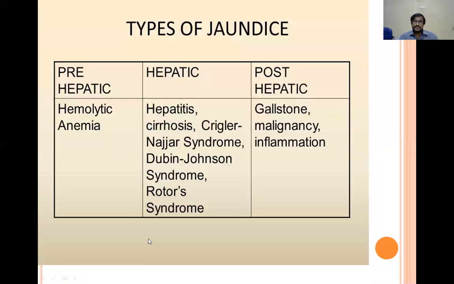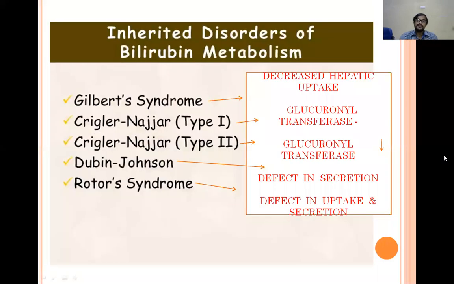These are the causes for the different types of jaundice: pre-hepatic due to hemolytic anemia, malaria, fever; hepatic jaundice due to hepatitis, cirrhosis and other hereditary hyperbilirubinemias; and post-hepatic due to stones, tumors or inflammation. Apart from that, there are inherited disorders like Gilbert syndrome, Crigler-Najjar syndrome type 1 and type 2, and Dubin-Johnson and Rotor syndromes.